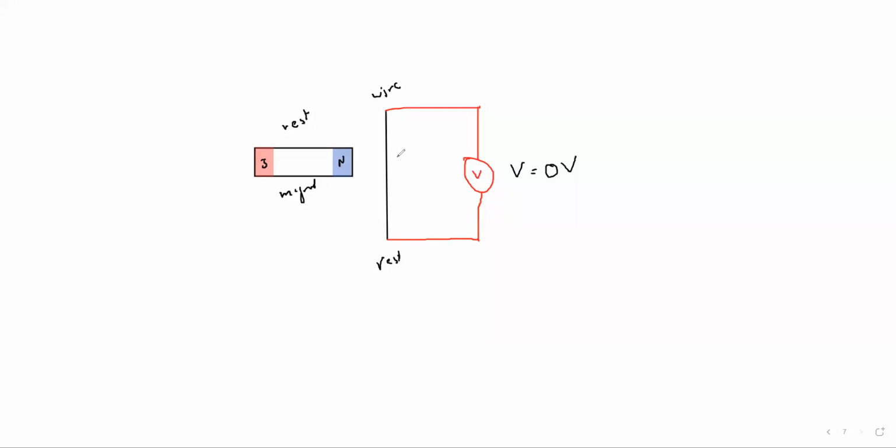So the magnetic field is there, but there is no change in the magnetic field, because the concept is that whenever there is a change in the magnetic field, that will produce EMF, not the magnetic field itself. There should be a change in magnetic field to produce EMF.